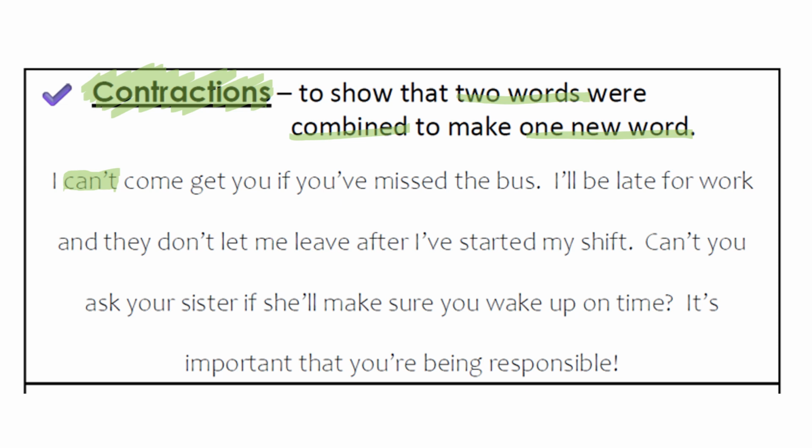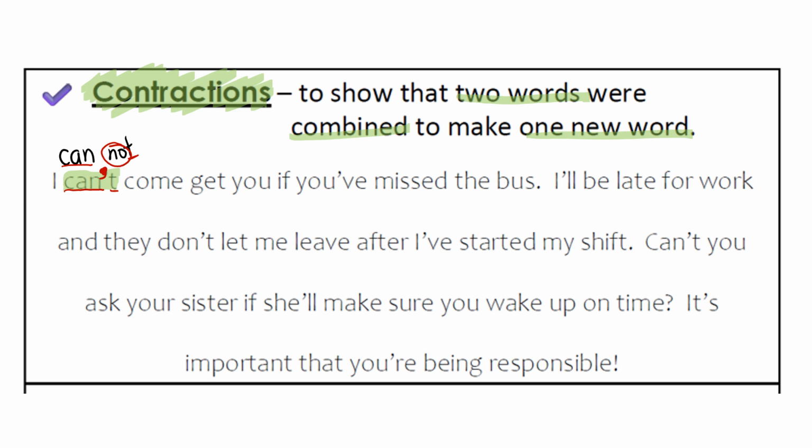So we have the word can and not, and we turned can and not into the word can't. So when you look at the word can't, I can see can and I can see t, which came from not. But the N-O disappears, and instead all that's left behind is an apostrophe. So this contraction is made from two words that got combined, and then part of those original words disappeared.